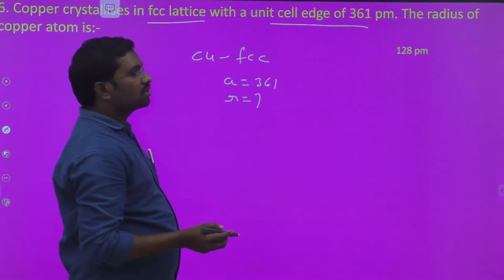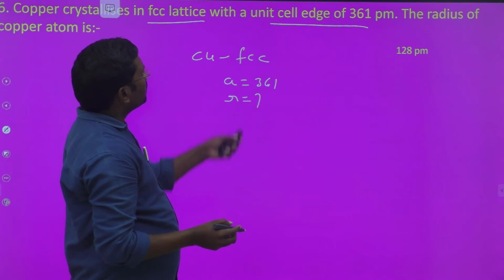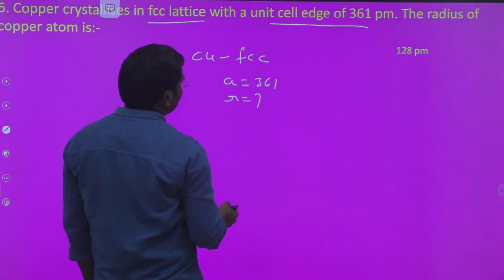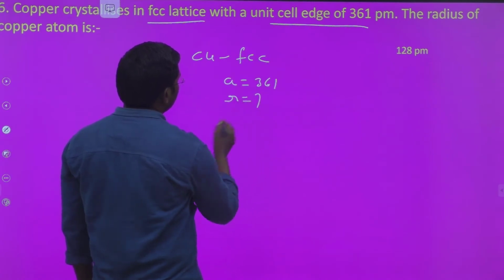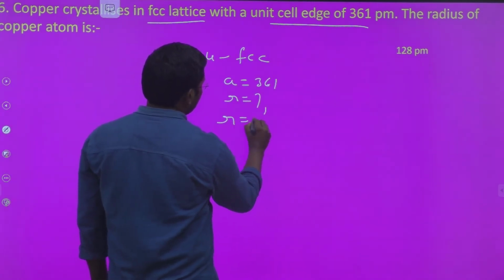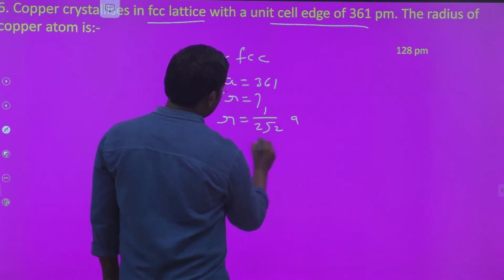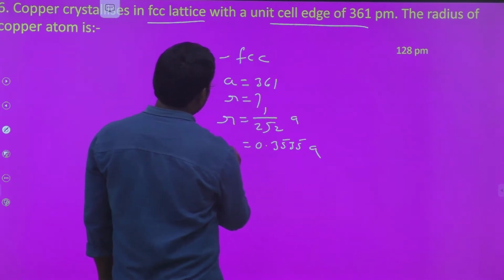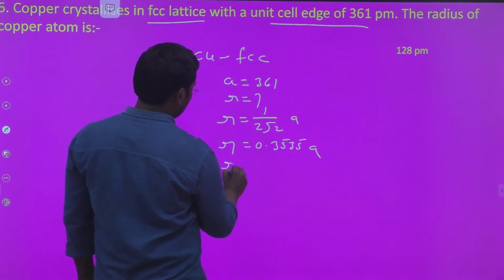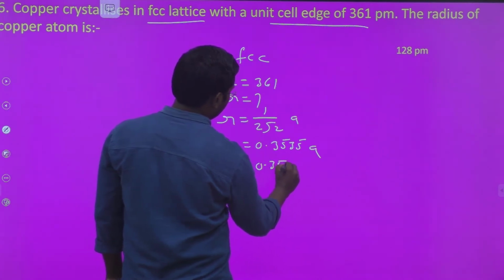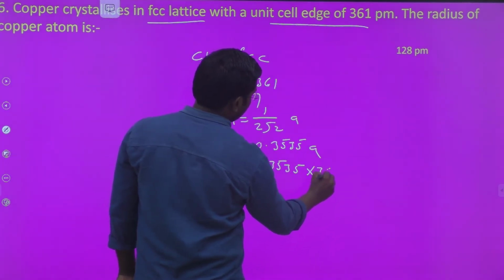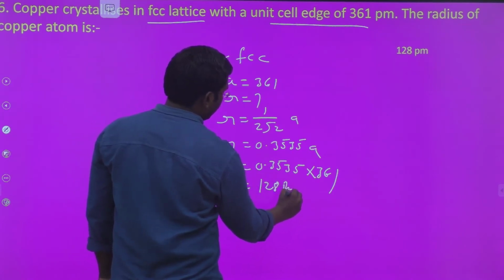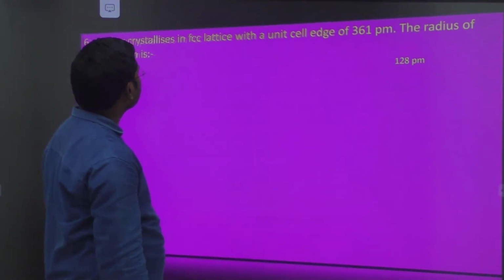The relation between r and a in FCC gives r equal to 1 by 2 root 2 a, which is 0.3535 a. So r is equal to 0.3535 into 361, which is approximately 128 picometers.